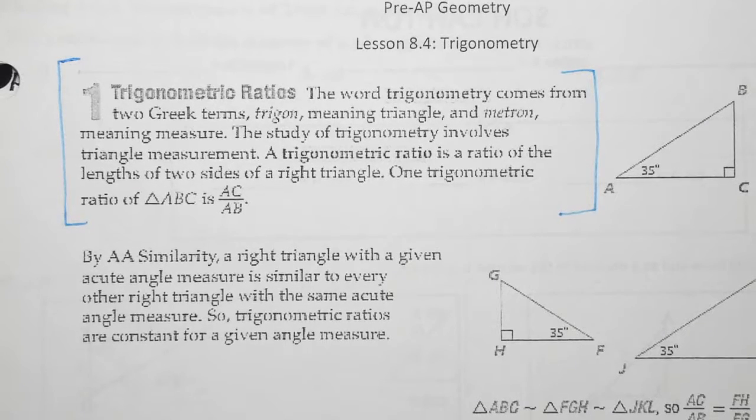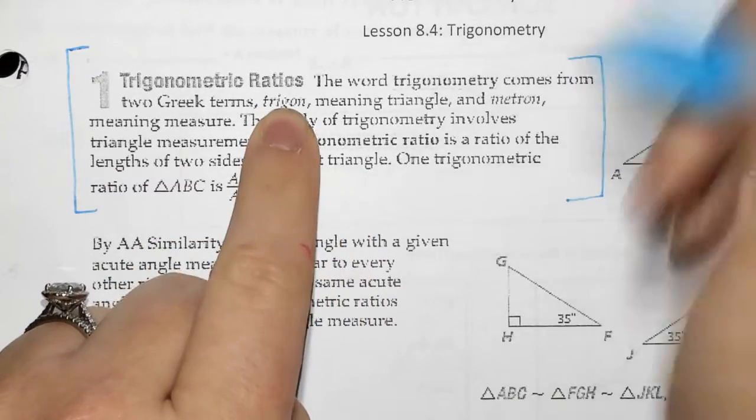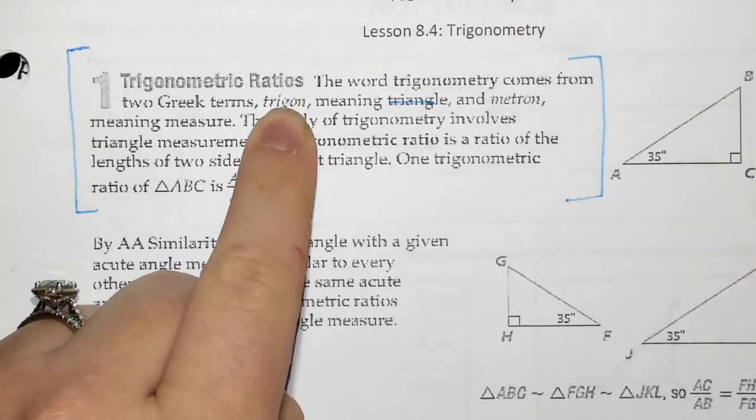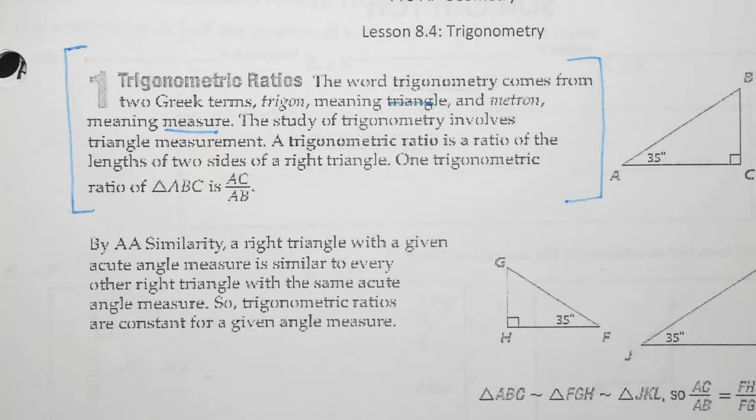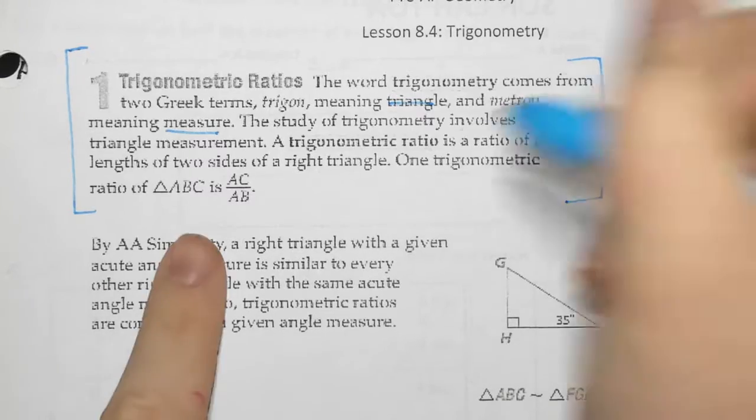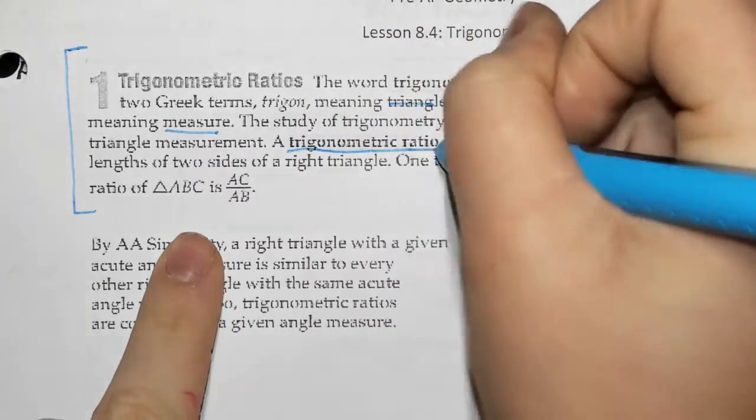So when people say, what is trig? What is trigonometry? Well, trigon means triangle, and metron means measure. So trigonometry means you're finding the measures of triangles. All kinds of different measures, angle measures, side measures.